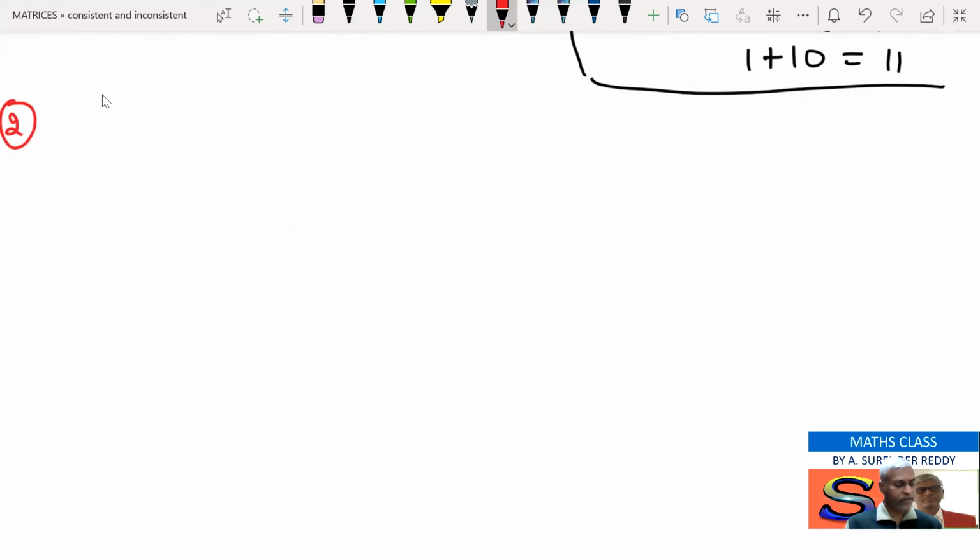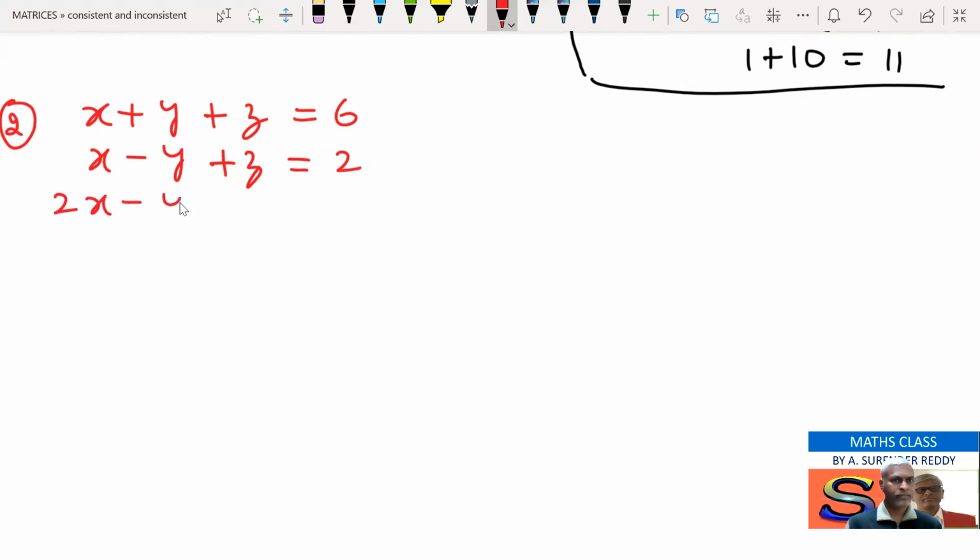Now let us take up another. X plus y plus z is equal to 6. x minus y plus z is equal to 2. 2x minus y plus 3z is equal to 9.